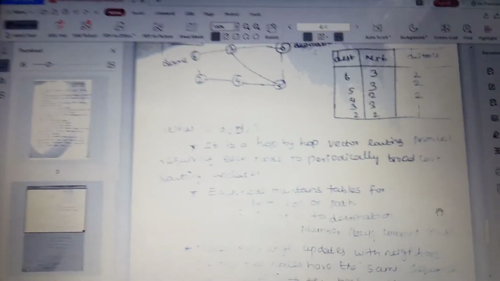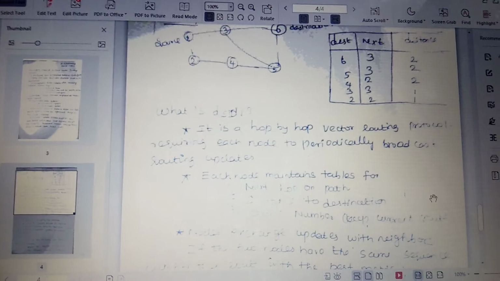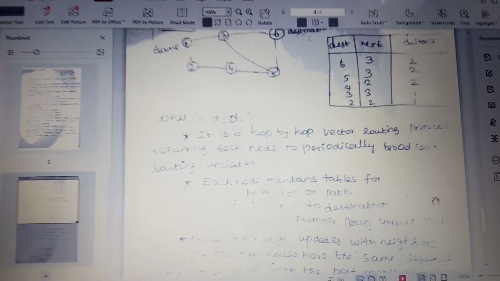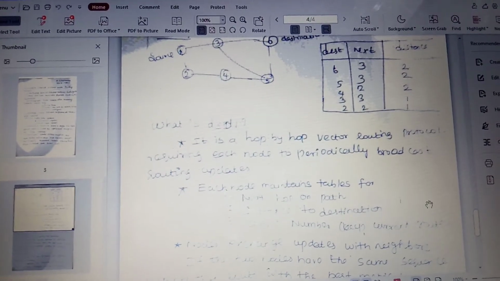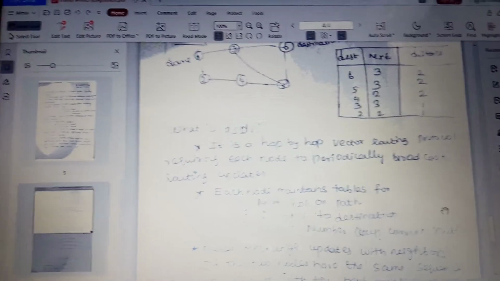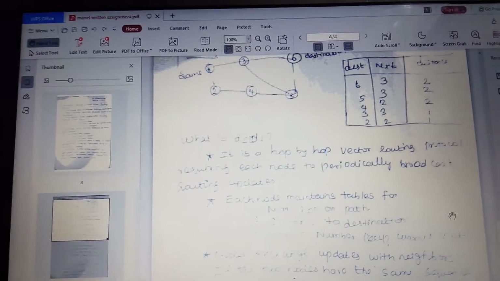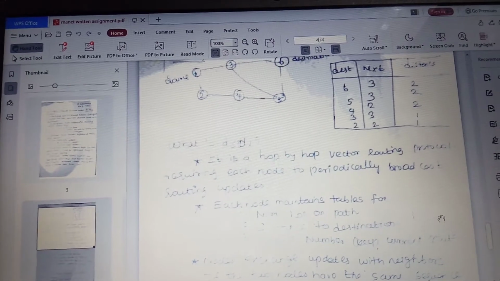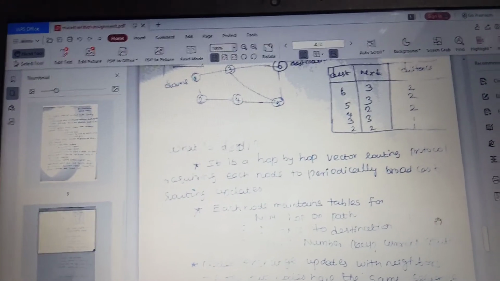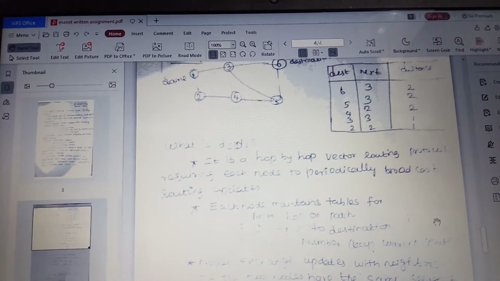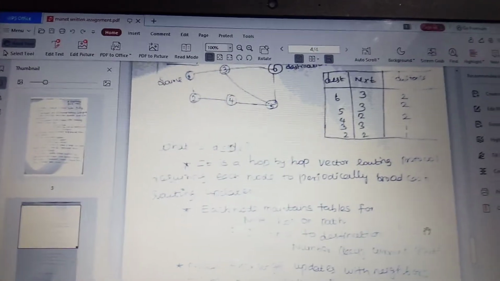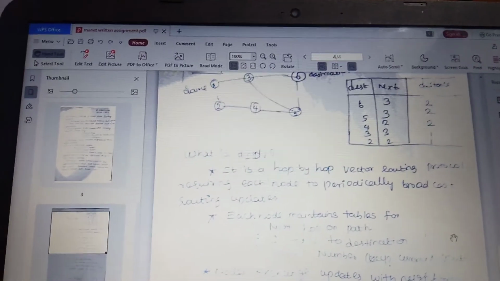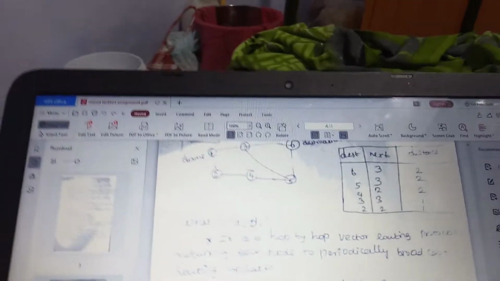Like the wireless routing protocol, it is a proactive unicast, hop by hop vector routing protocol. It requires each node to periodically broadcast routing updates. Each node maintains tables for the next hop on the path from source to destinations, and a sequence number.